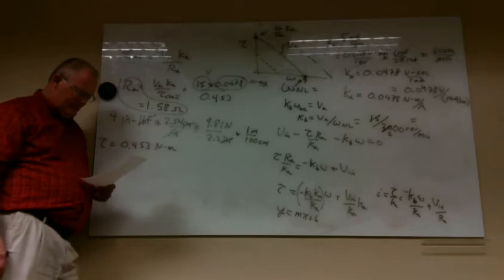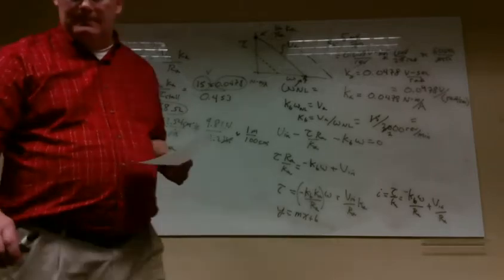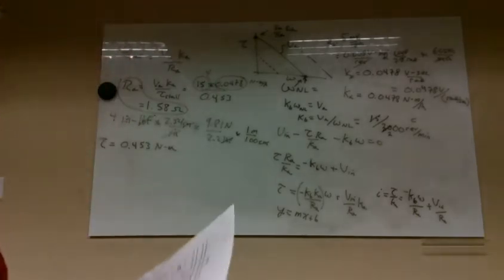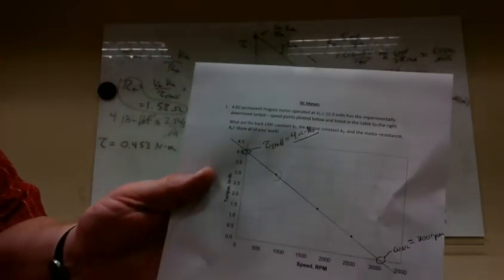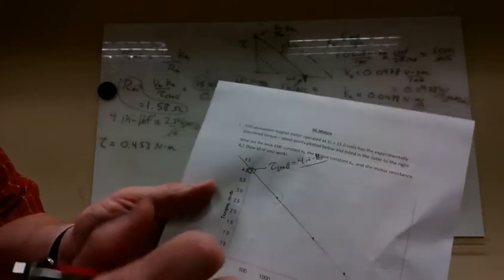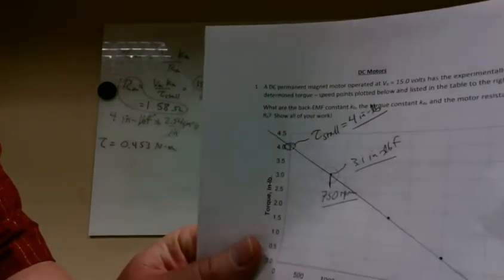Yeah, let's do this one. I'm going to pick power at this point. What I need to know is that right about there I have about 3.1 inch-pounds of torque. I also know that my speed is about 750 RPM. So I get those numbers. That's what I'm going to be playing with.